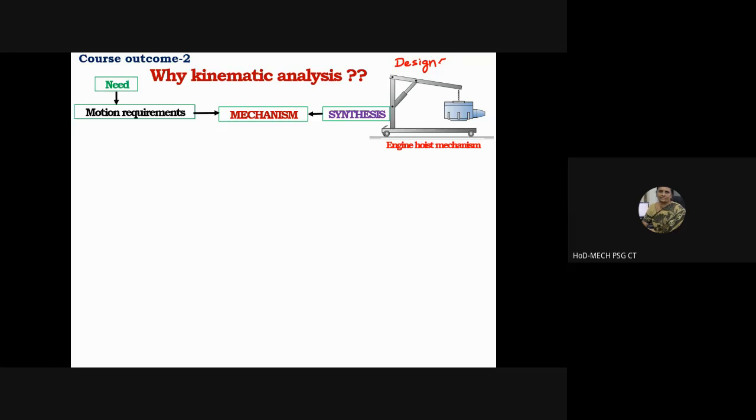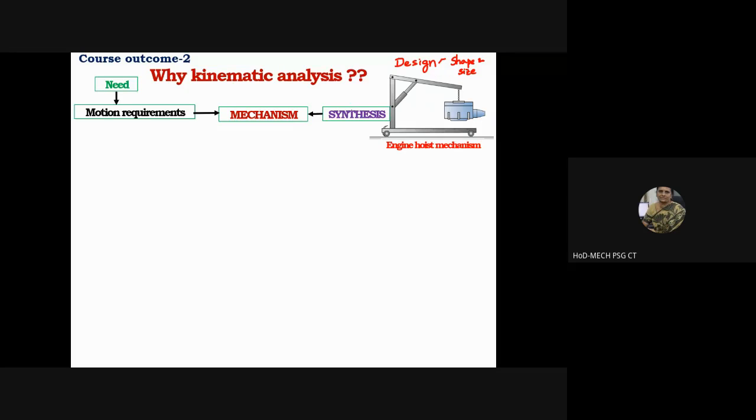But in the mechanical engineering context, or mechanical design, we decide on the shape and size of a component which will go into a system. So this is what is meant by design.